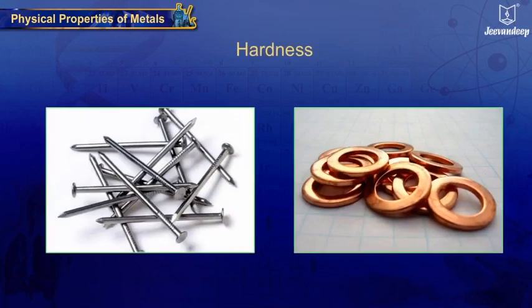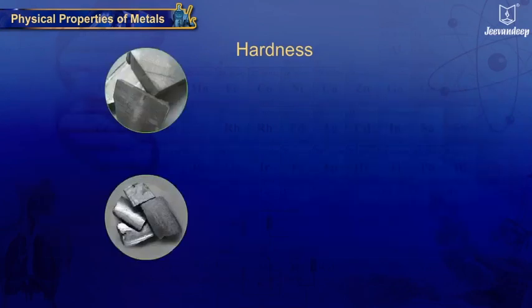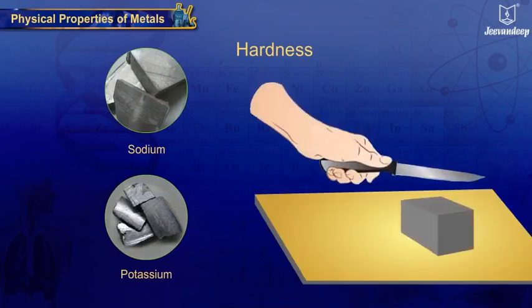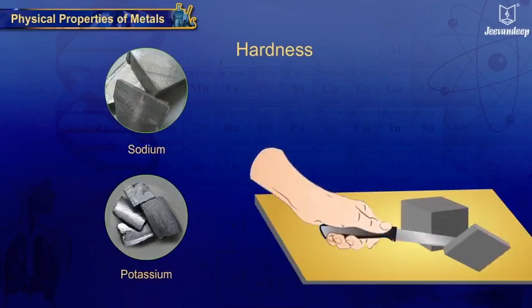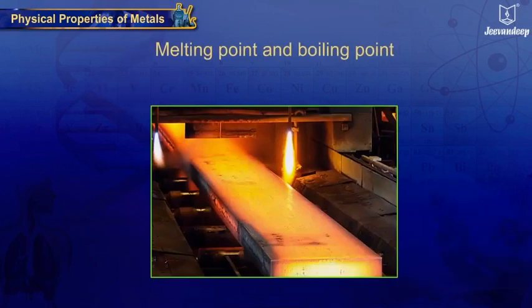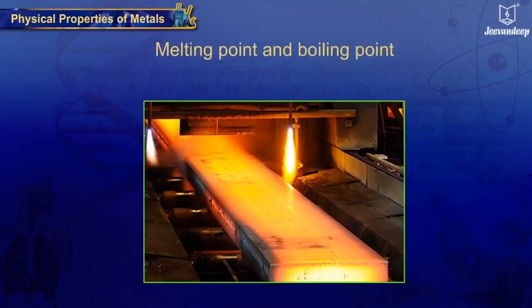Hardness. Metals in general are hard, with degree of hardness varying from metal to metal. Metals like sodium and potassium are soft metals, getting easily cut with a knife. Melting point and boiling point.